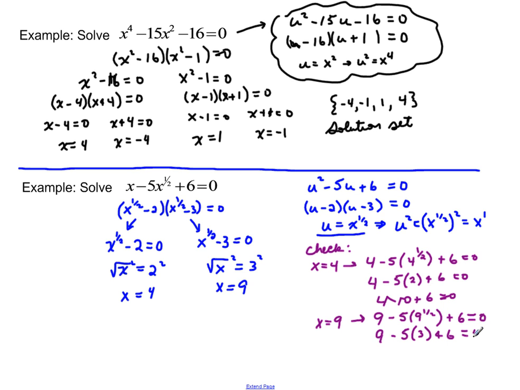And yeah, sure enough, because 9 minus 15 plus 6 does give us negative 6 plus 6, and so that works out as well. So we actually have 2 solutions in this solution set. Both 4 and 9 work. Okay, radical equations in the next video.